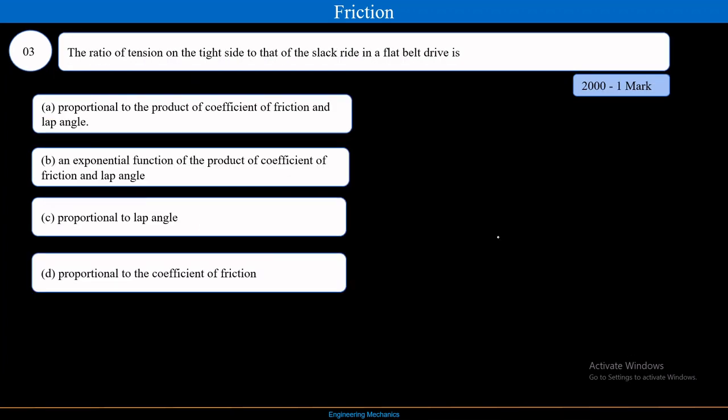Okay, the ratio of tension of the tight side to the slack side in a flat belt drive is, it's a very simple thing. See, suppose this is my roller, one roller A, this is my roller B, and this is my belt, which is rotating in this direction.